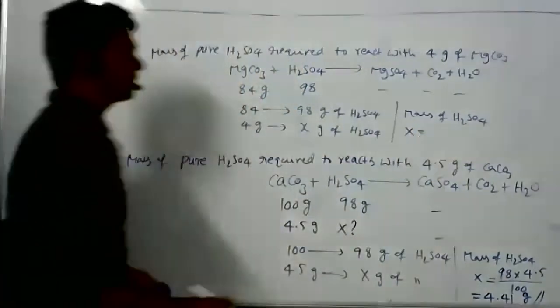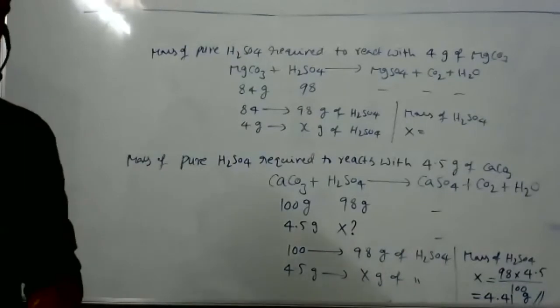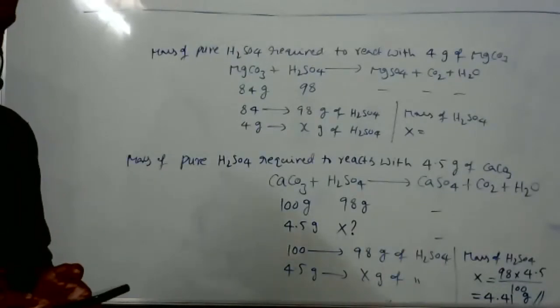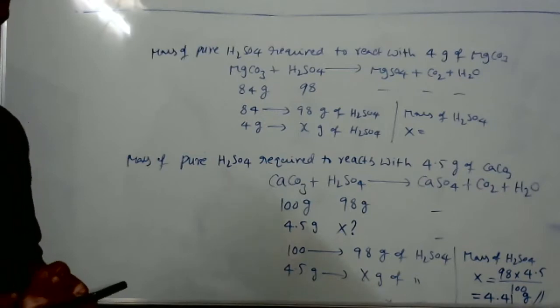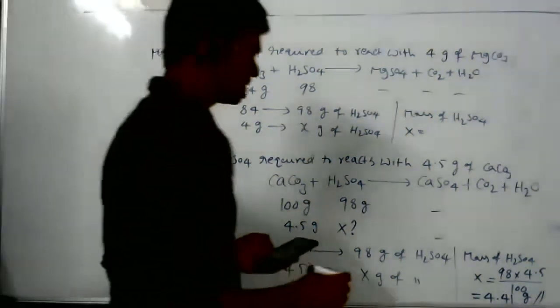X is equal to 98 into 4 divided by 84, so this is 4.66.